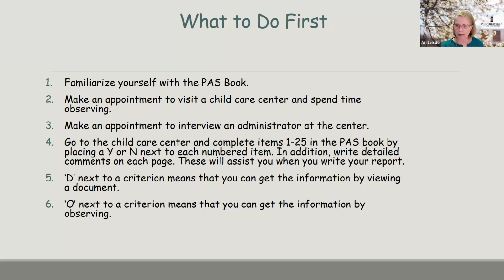You can just see that they've checked it off, that they have a document on that. And the O next to a criterion means that you can get the information by observing. It might ask you if you see something in a classroom, and so when you walk around, then you'll see if you can observe that. Any questions so far?